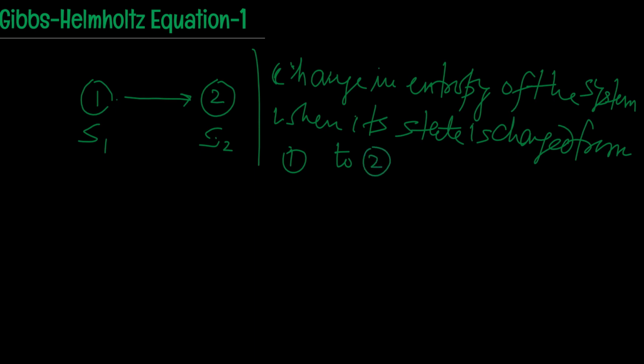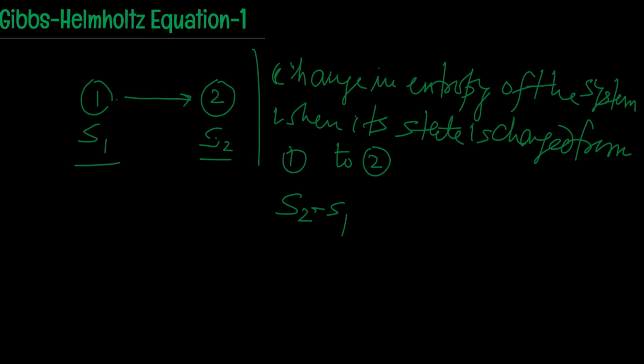What is the entropy change? It will be S2 minus S1. Remember, S2 is the entropy in the second state of the system, and S1 is its entropy in the first state.